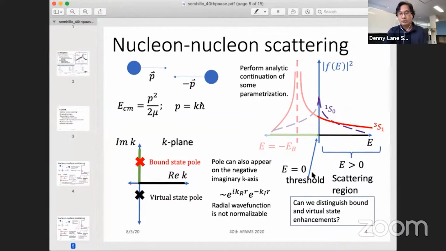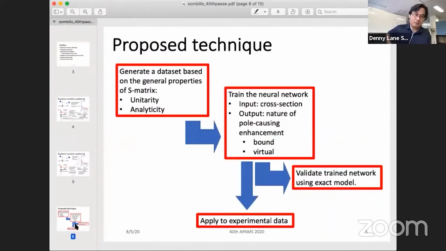So we wanted to address this question: can we distinguish bound and virtual state enhancements, in particular at the threshold? We do this by using deep learning. This is our proposed technique. First, we generate the training data set using the general properties of the S matrix, in particular unitarity and analyticity.